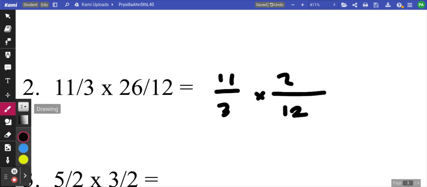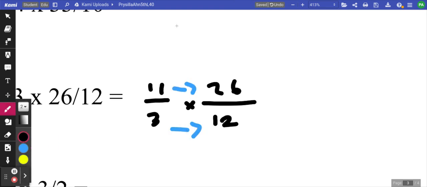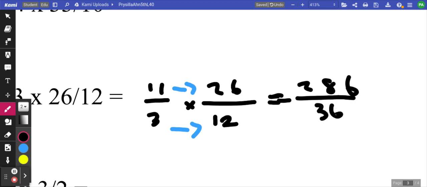But at the same time, these are quite big numbers. So, like I said, we just multiply across. Sorry. And 11 times 26 is 286. And 3 times 12 is 36.